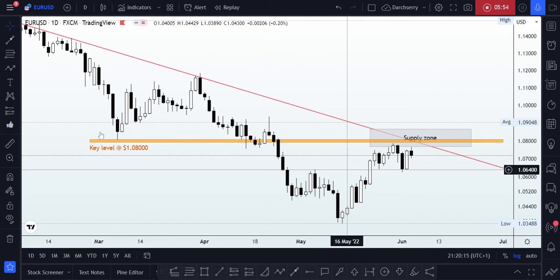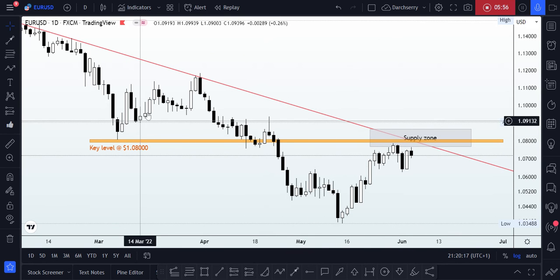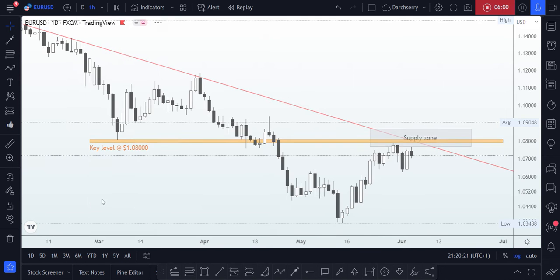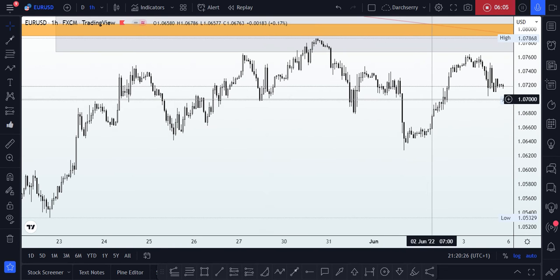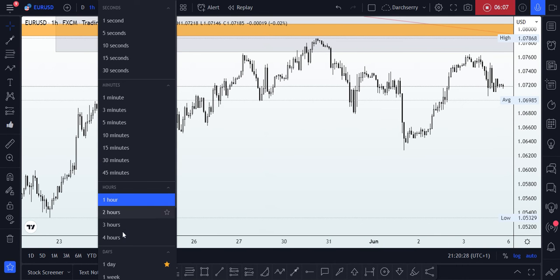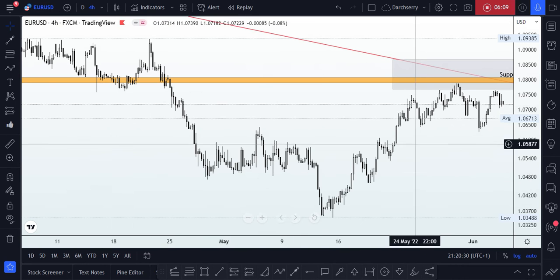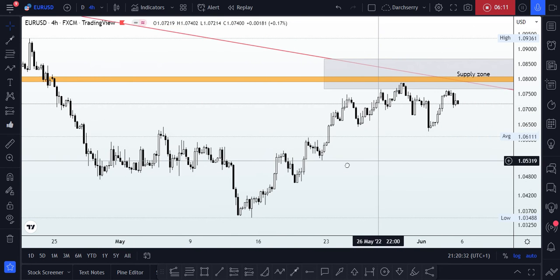So now, how do we take advantage of this bearish momentum going into the new week? Let's scale down to a lower time frame, the 4 hours time frame rather, where we can bring into perspective what has been happening so far.